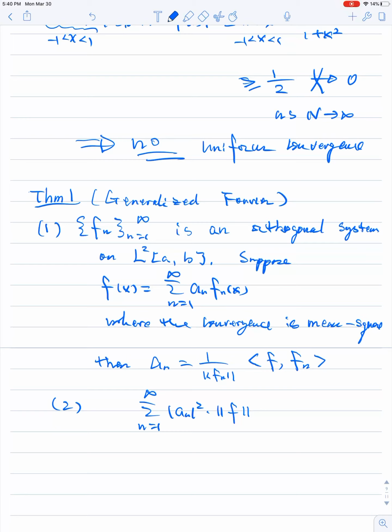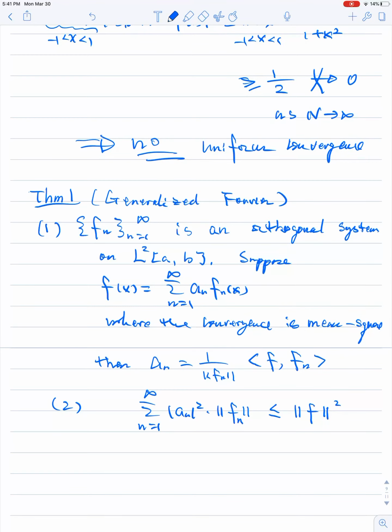So this would be a_n squared, and this would be f_n, and this would be less than or equal to the norm of f squared. All right, we will come back.